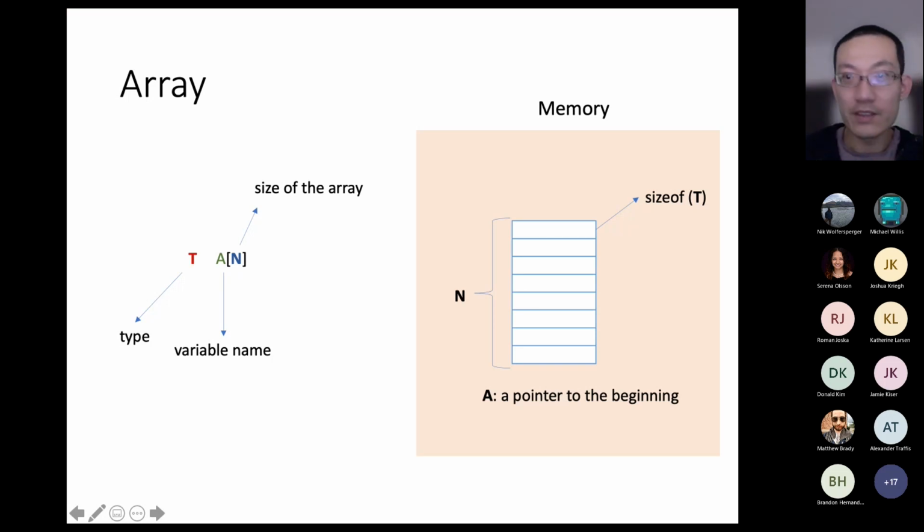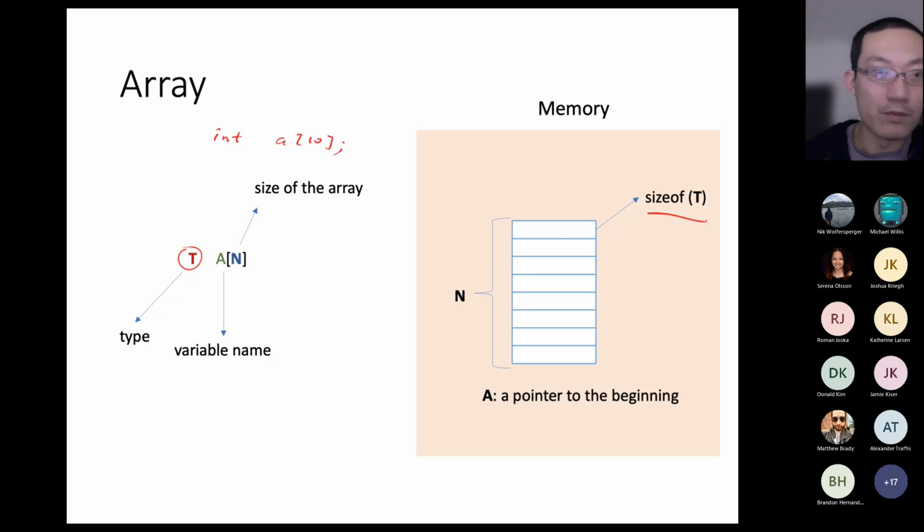Let's see how we translate each element into it. First of all, we look at the size of T. T, again, is the type of the array. Let's give you an example: integer A, 10. Then the T in our example is an integer.